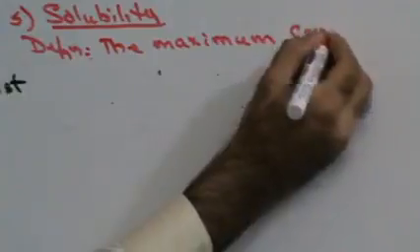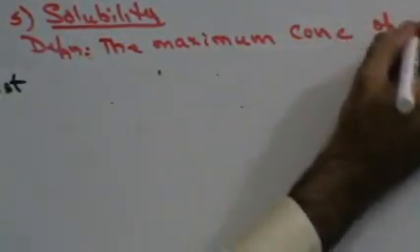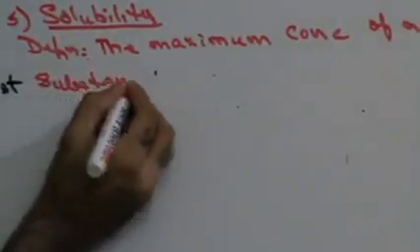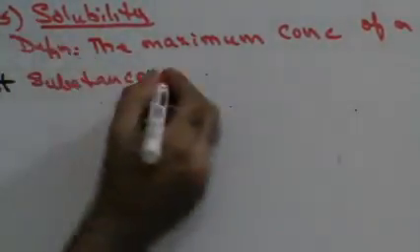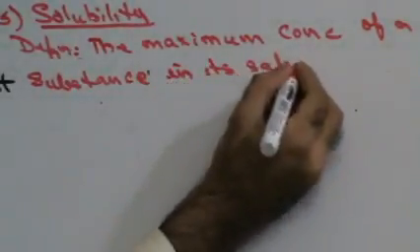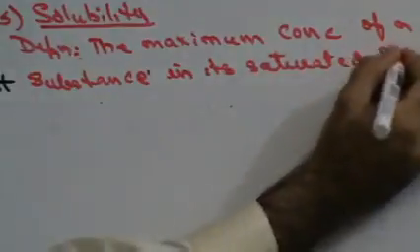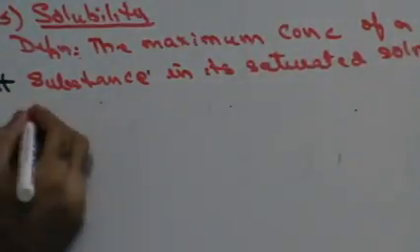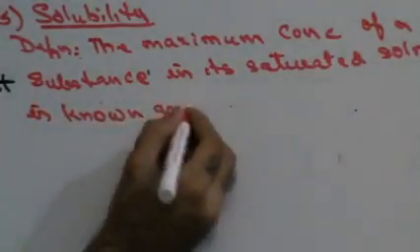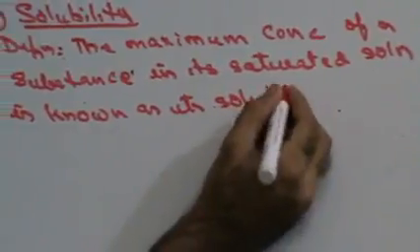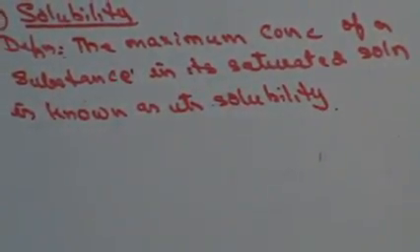The maximum number of ions that will be present in a solution at a given temperature is its solubility, at that given temperature.